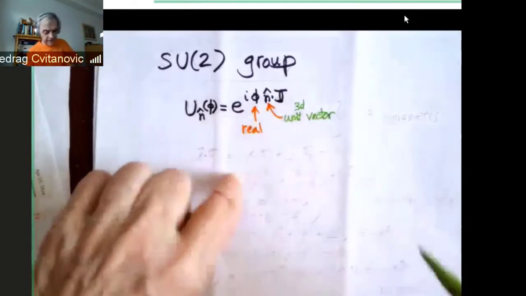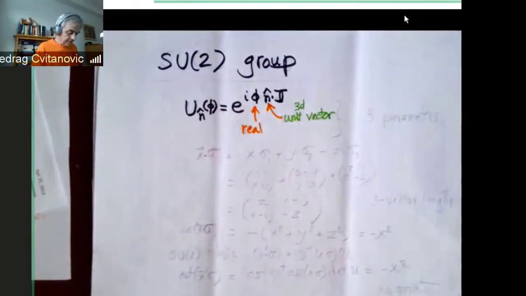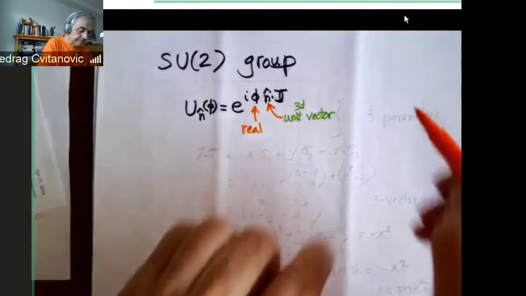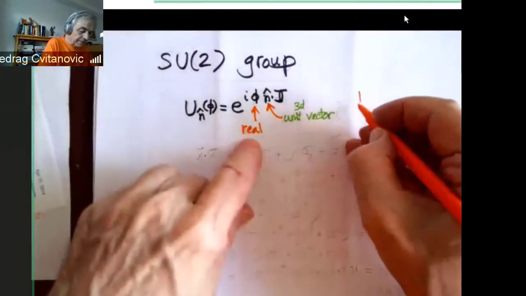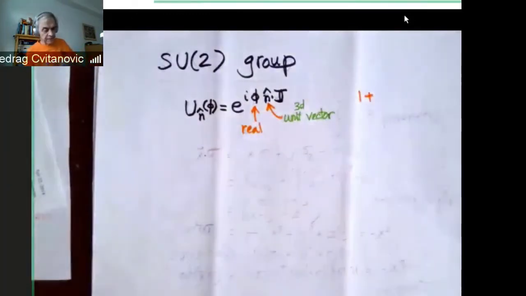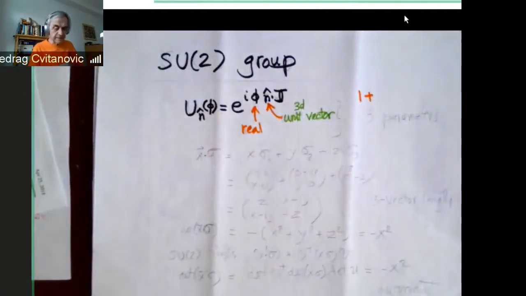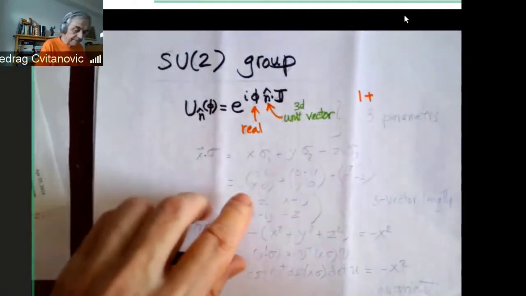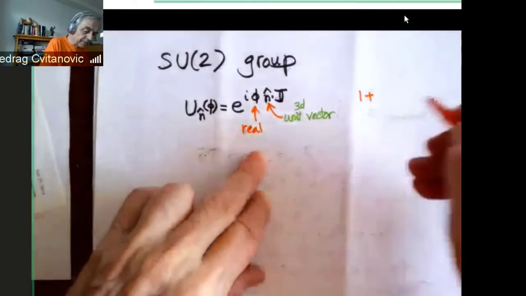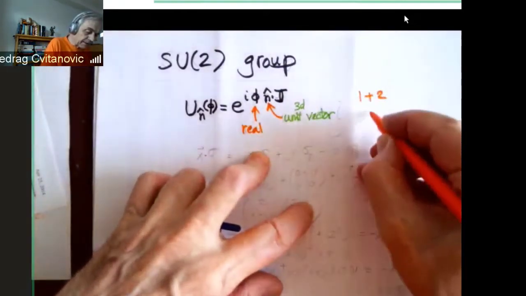A unit vector in 3 dimensions has, so there is a phi as one parameter, 3 components and 1 constraint. The squares add up to 1. So there are only 2 independent ones. So there are 3 parameters.